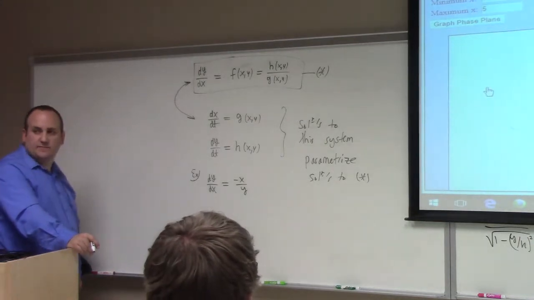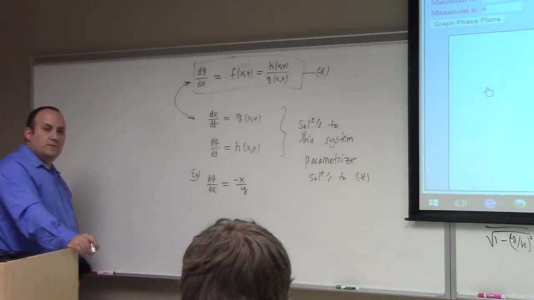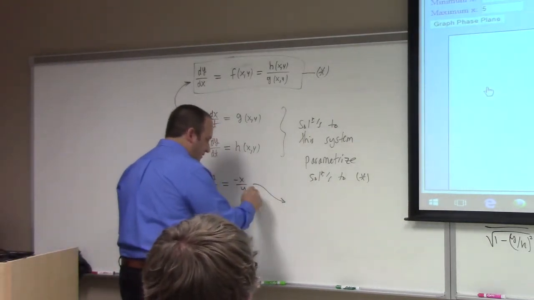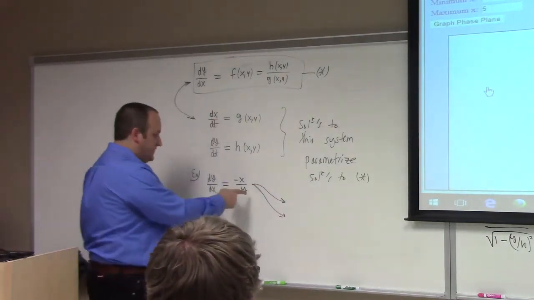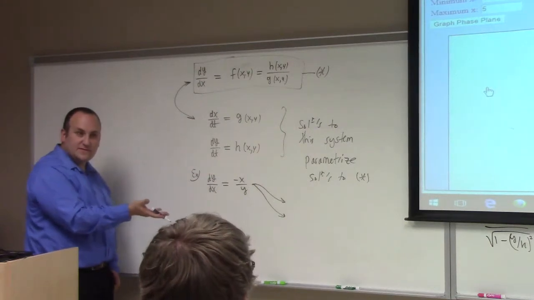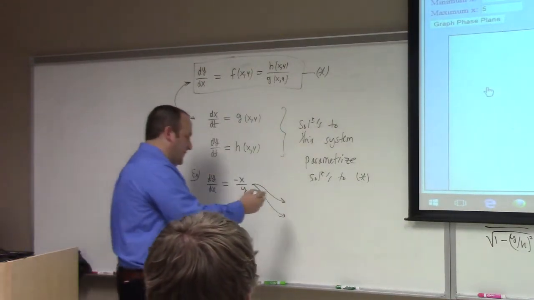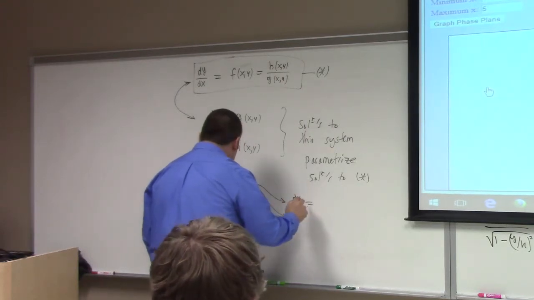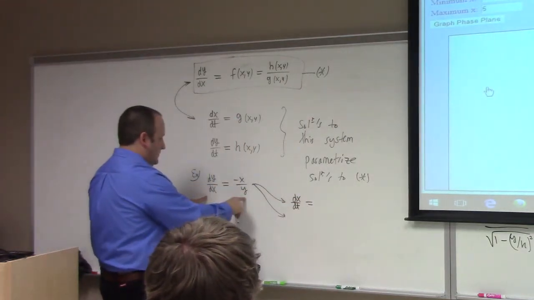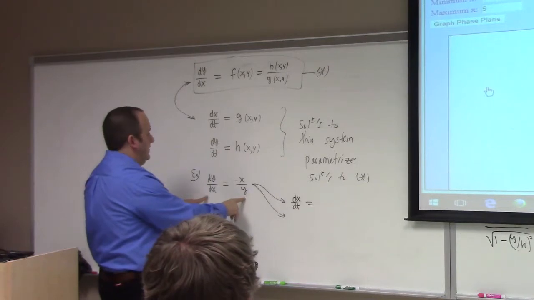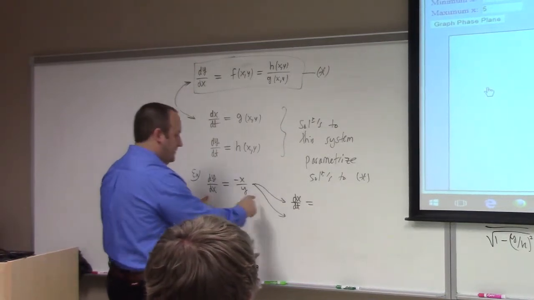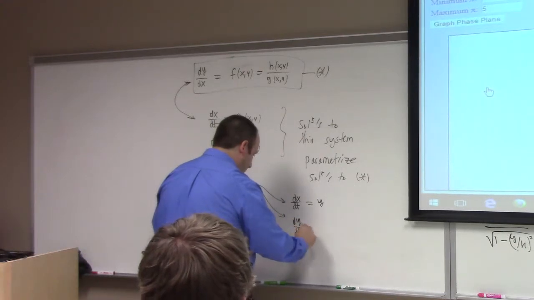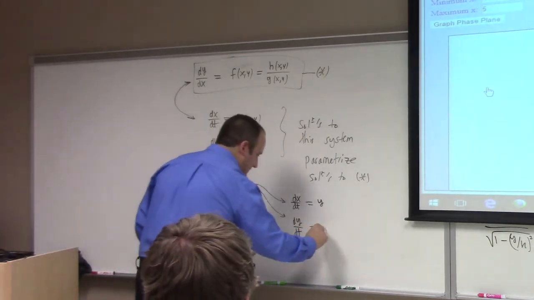If you wanted to find parameterizations of the solution set to this, which by the way are circles, you could solve this system of differential equations: dx/dt equals y, and dy/dt equals minus x.